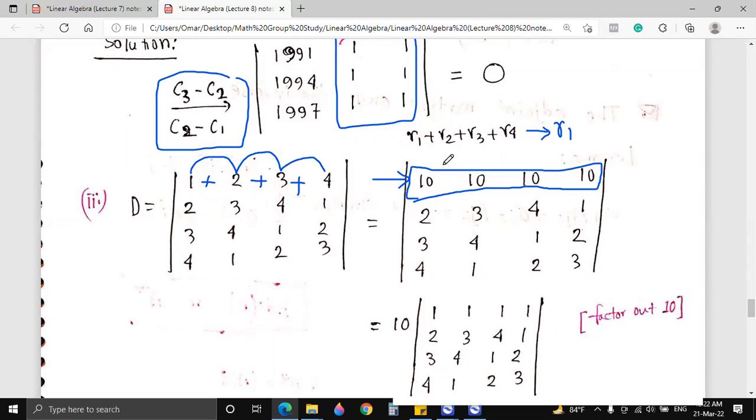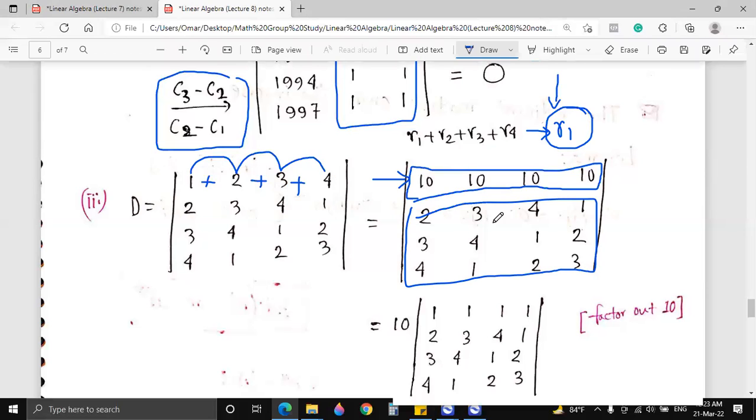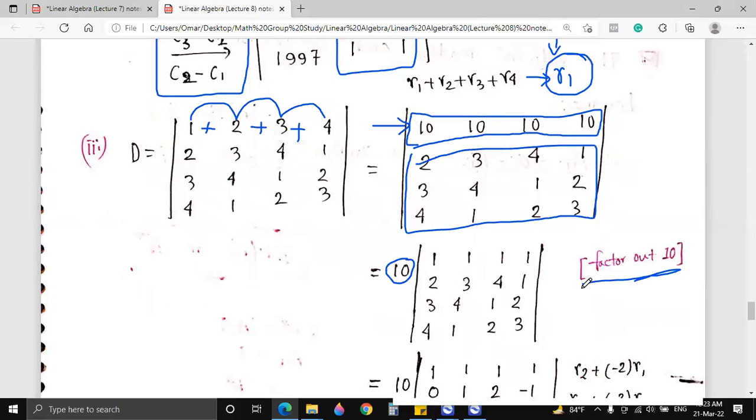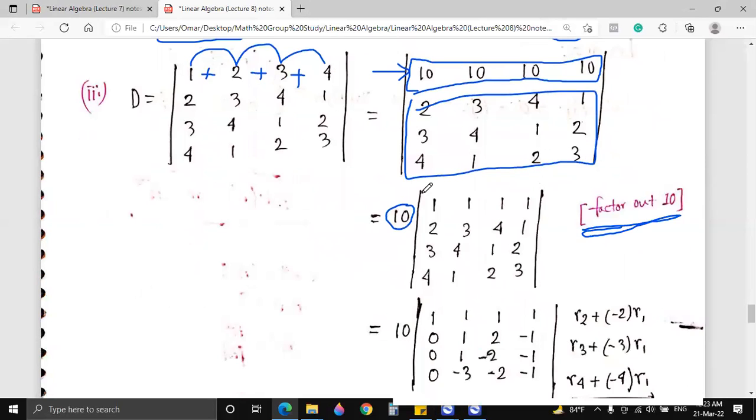And I don't change any other rows because I only did the row operation on the first row. So then we can factor out 10 from the first row, and we only get ones.